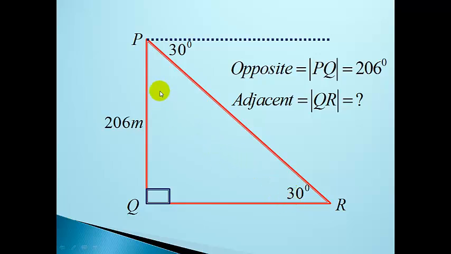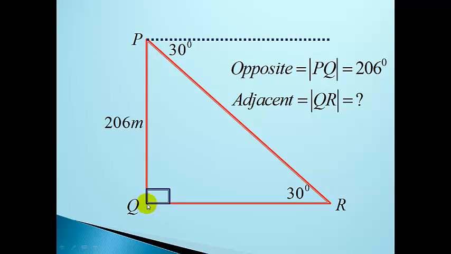Now, when we consider triangle PQR with the angle 30 degrees, that's the acute angle. The side PQ, that is 206 meters, is opposite to the 30 degrees angle.